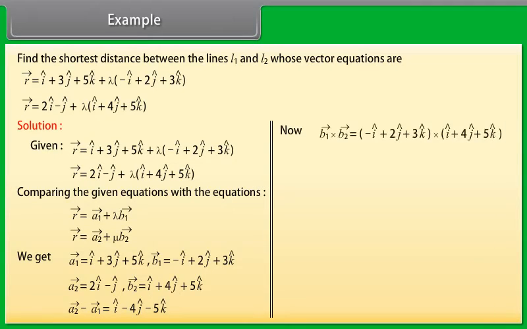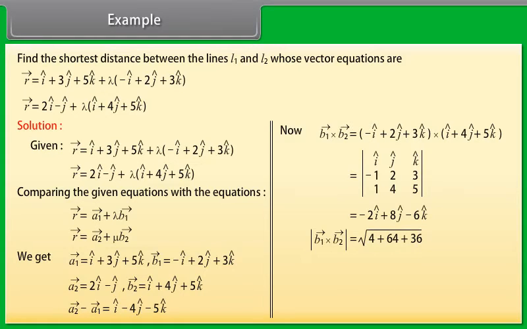Now, cross product of vector b1 and vector b2 is minus i cap plus 2 j cap plus 3 k cap cross i cap plus 4 j cap plus 5 k cap equals determinant, row-wise: first row i, j, k; second row minus 1, 2, 3; third row 1, 4, 5, equals minus 2 i cap plus 8 j cap minus 6 k cap.